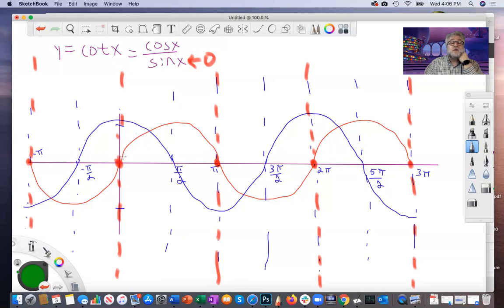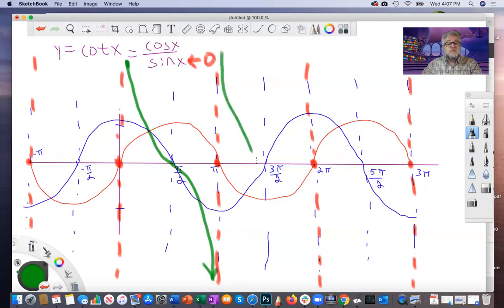So right in here, the denominator is close to 0, so that's going to make it blow up to infinity, but both of these are positive. So that tells me that it's going to be up here at positive infinity, and it's going to come down to 0, and then it's going to shoot back down to negative infinity, because notice sine is positive, but cosine is negative, so negative over positive gives us a negative. And it's going to repeat this pattern.